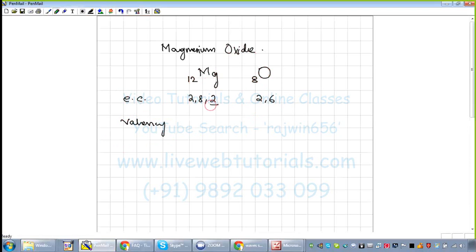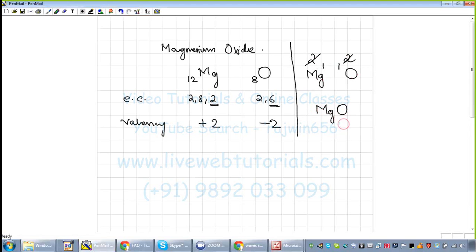This is donating 2 electrons, +2. This will be accepting 2 electrons. Valency of magnesium is 2. Oxygen valency is 2. This is a common factor. So the formula of magnesium oxide will be MgO.